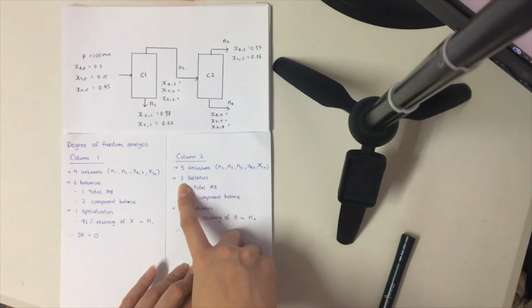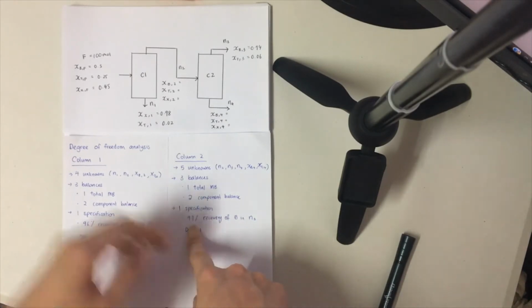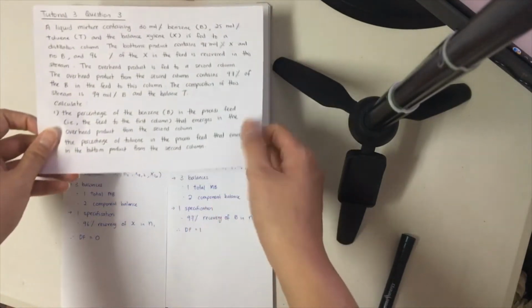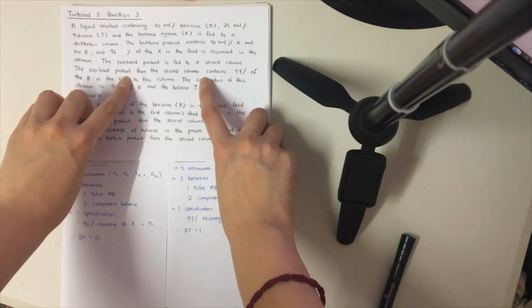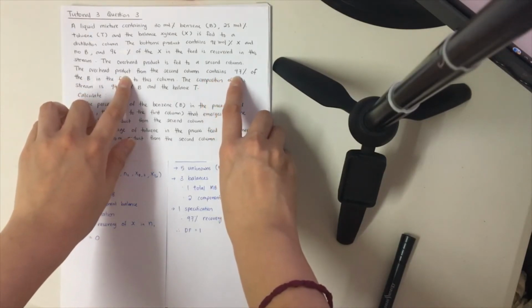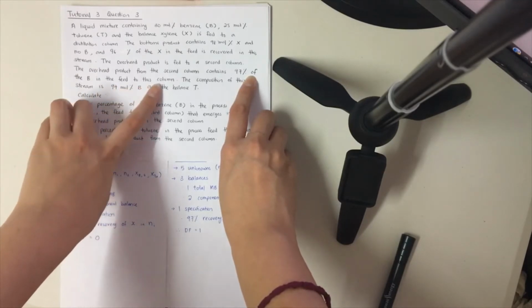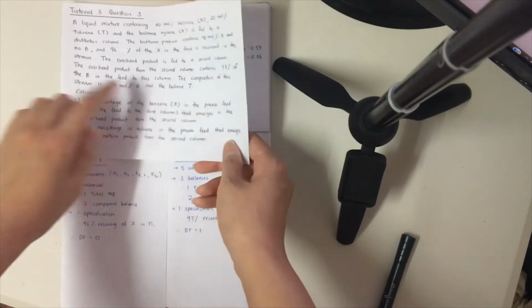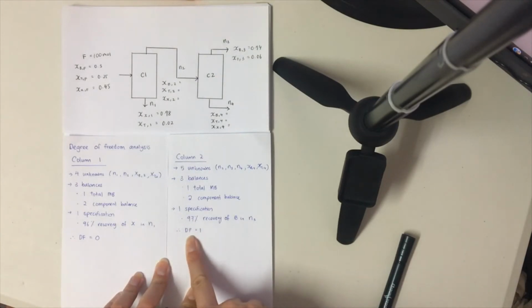And we have 3 balances as well, same as for column 1, and 1 specification, which was given in the question again: the overhead product from the second column contains 97% of the B in the feed to this column. That is a specification. So our degree of freedom is 1.